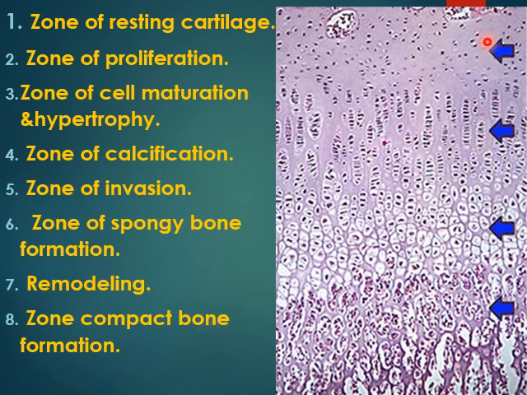Here, in the epiphyseal plate, we see the different zones: resting, proliferative, maturation, calcification, invasion, and spongy bone formation. After that, we have the remodeling and the compact bone formation, which is not present in this photo.